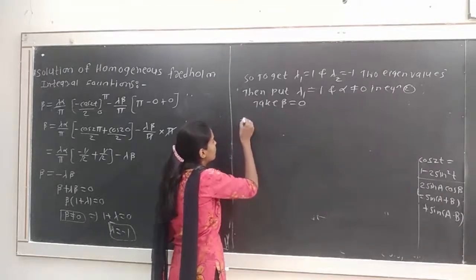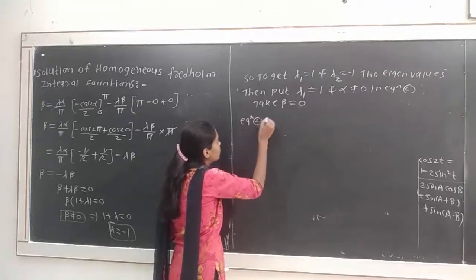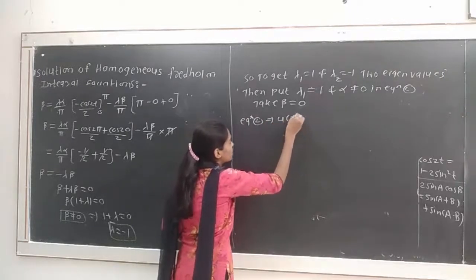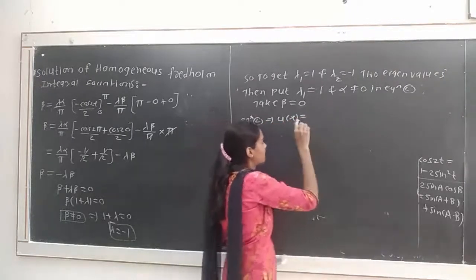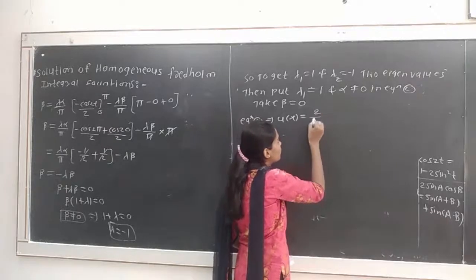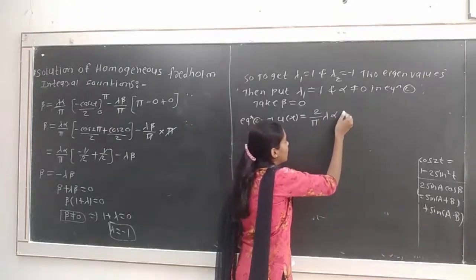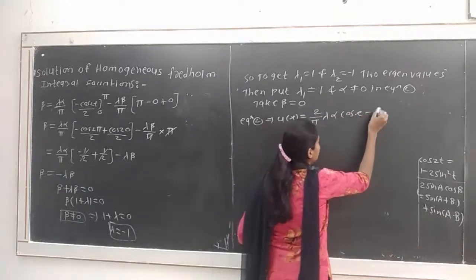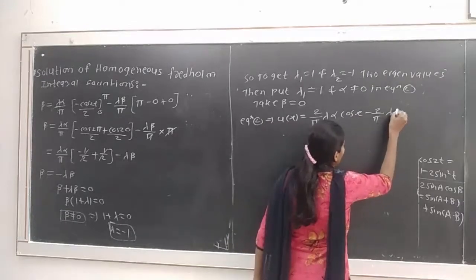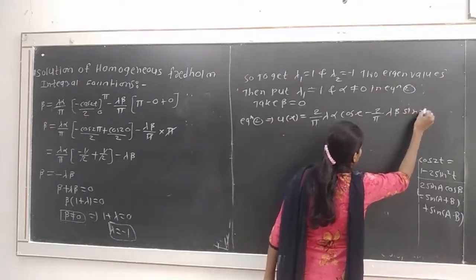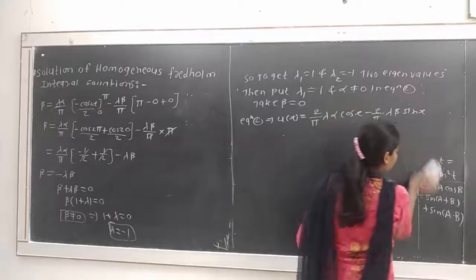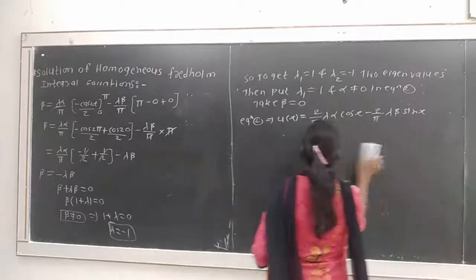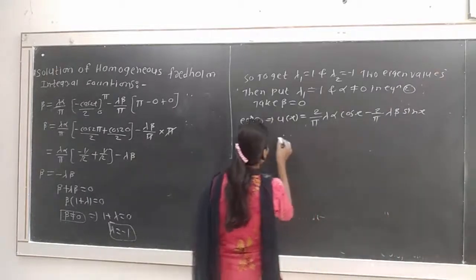So equation number 2 is u of x is equal to 2 by pi lambda alpha cos x minus 2 by pi lambda beta sin x. Okay, so we put here the values.